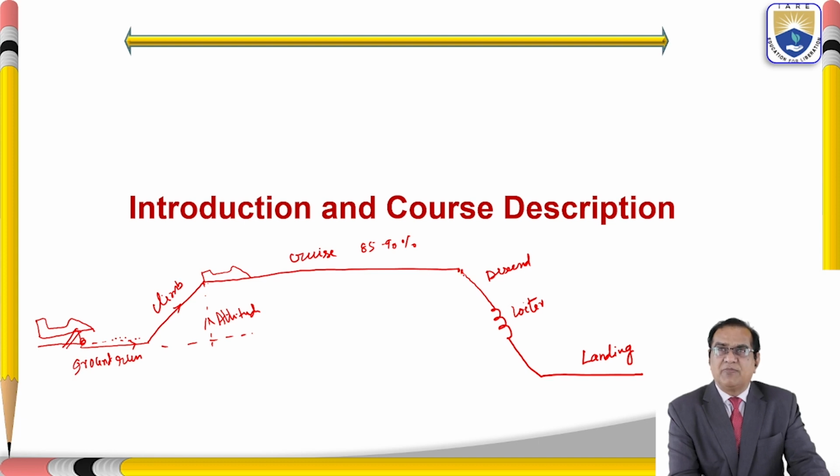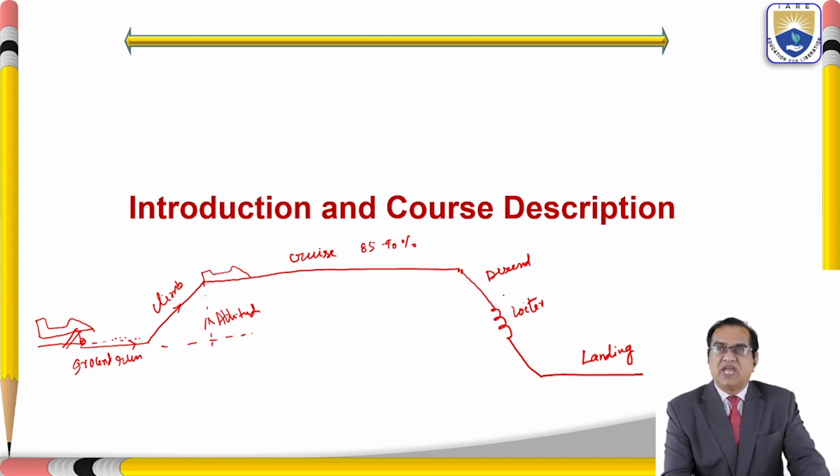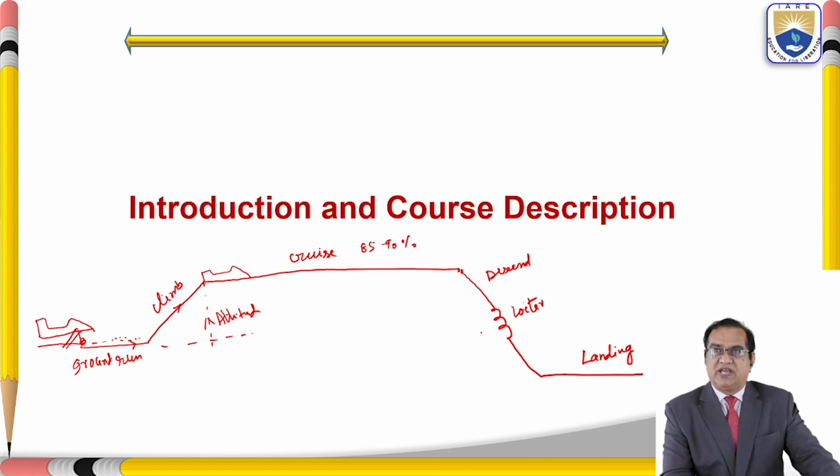And when you are about to reach the next destination, or return to the same destination, you have to start descending. And after descending, if the air traffic controller is not permitting you to land, then the aircraft will be circling around the airport. This is called the loiter.